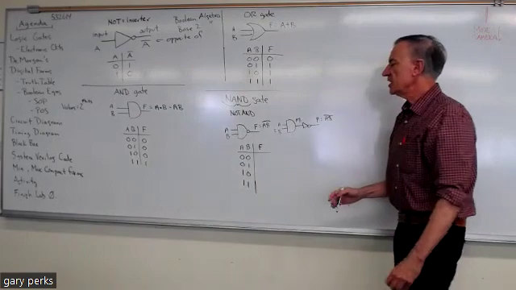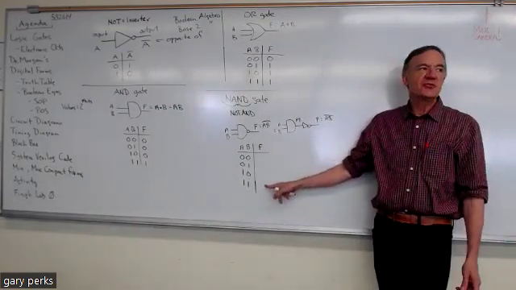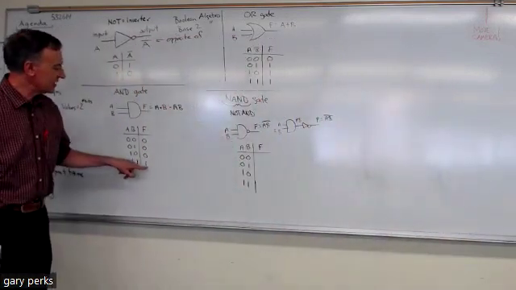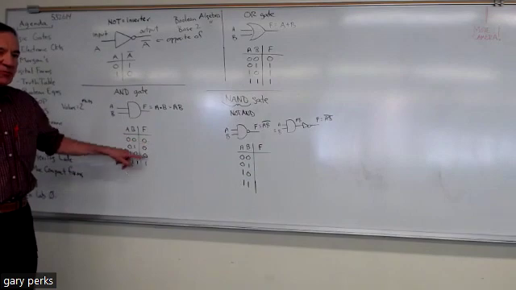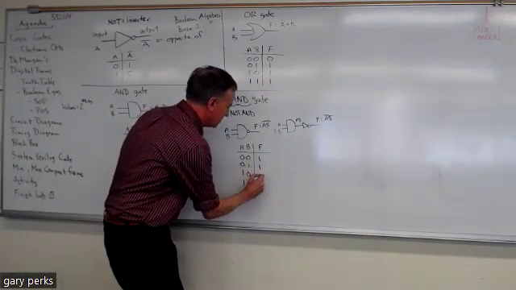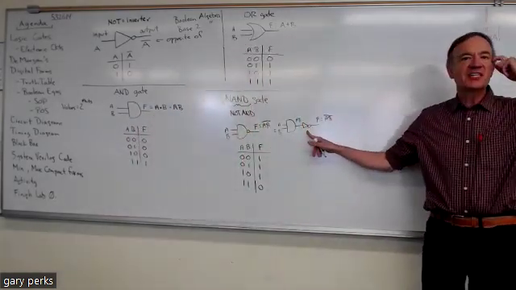Okay, so the truth table for a NAND, you'll only get a 0 out when all the inputs are 1, otherwise you get a 1 out. So when you compare the truth table of a NAND to an AND, it's just the outputs are all inverted. And again, that's due to that inverter that's on the output.